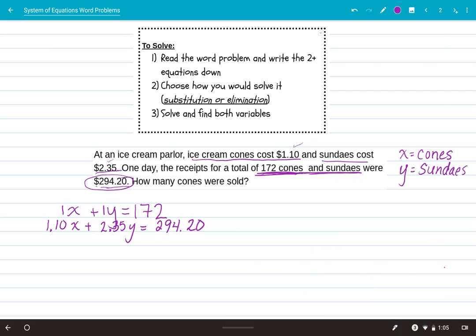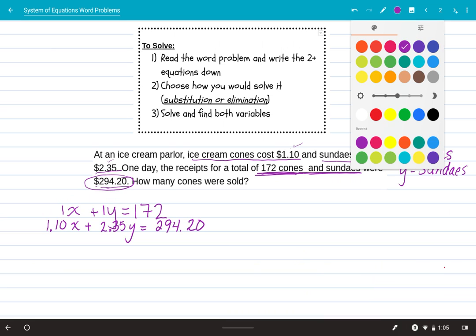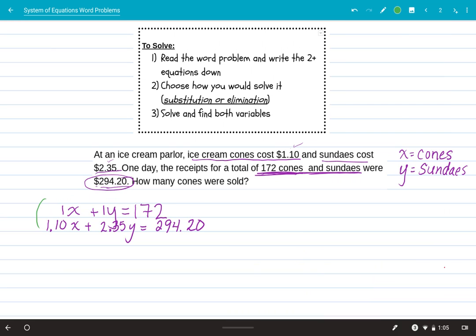So I'm probably just going to do my X's because it's in front, makes it easier. I'm going to take that 1, put it down here. I'm going to take the 1.10 and put it up here. Now I'm going to make one of them negative, and I'm just going to make that bottom one negative since that's easy to do.